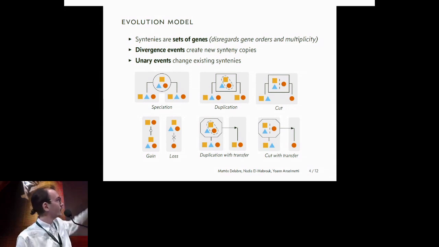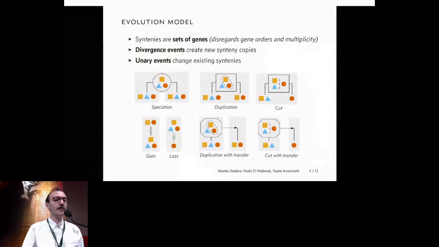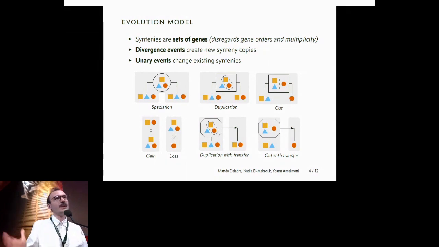This is illustrated at the top left drawing. This keeps the same content of the synteny as there was in the ancestor. The contents are just illustrated with those little shapes here. We just follow the host.